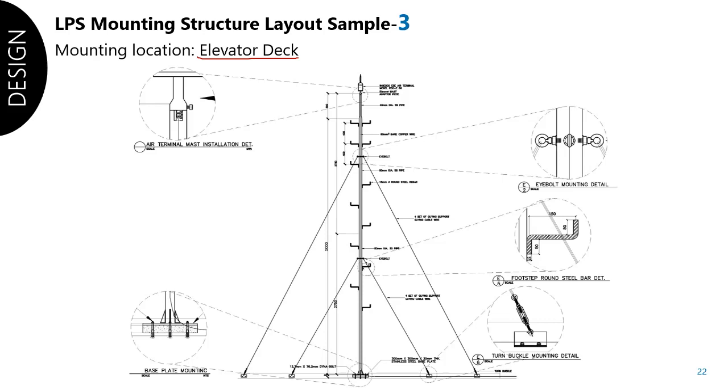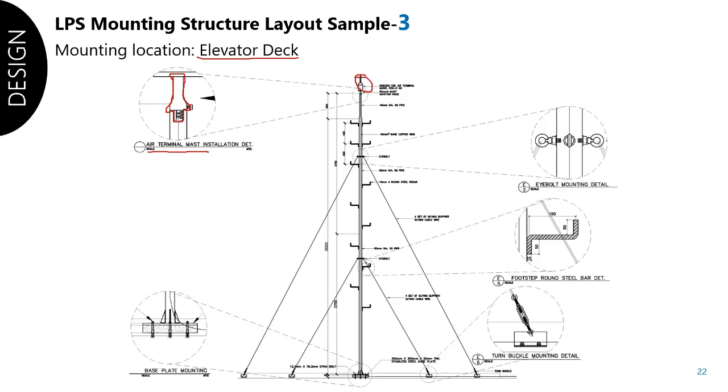Number 1 is the air terminal mast installation. Actually, this is only the air terminal mast. Sorry, I forgot to discuss it here. That is the air terminal mast connecting the air terminal. This one is our air terminal.